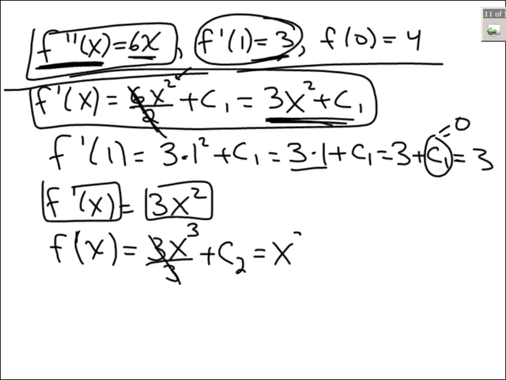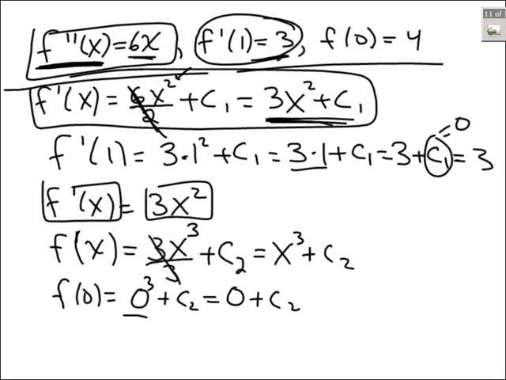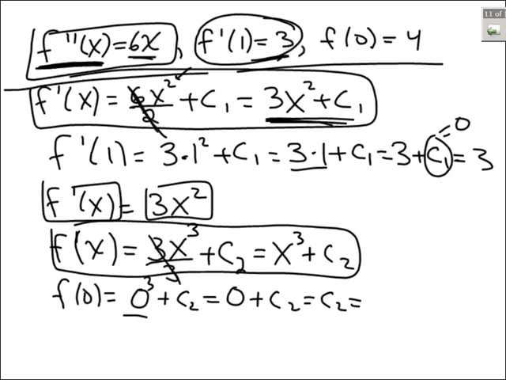So I get x cubed plus C2. And on one hand, f of 0 is 0 cubed plus C2. 0 cubed is 0, plus C2. Well, that's C2. Using this rule, I found out what f of 0 is. They told me it was 4, so C2 is 4.